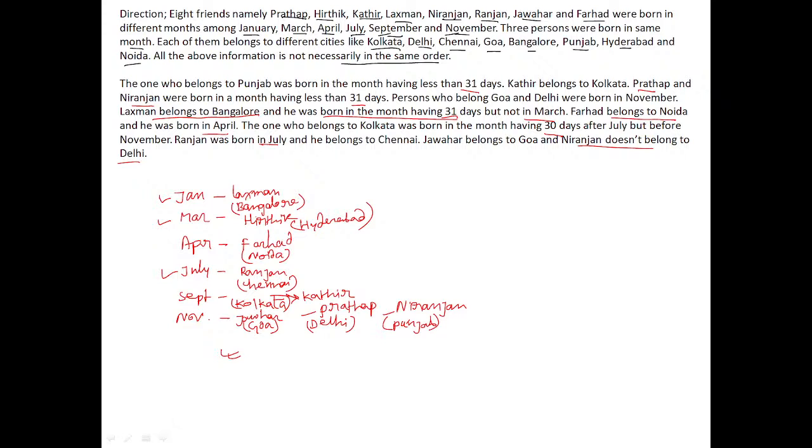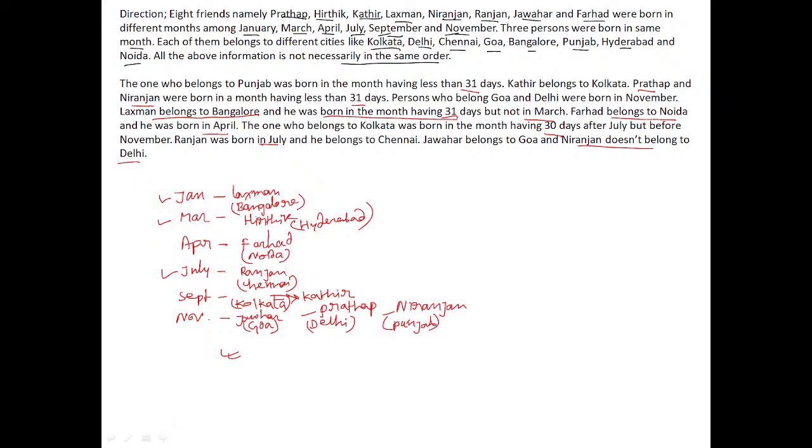It generally comes in prelims, but a month based puzzle is quite a tricky part. This 31 days, 30 days may cause slight confusion. You have to be careful while taking into consideration the 30 days, 31 days part. This is the most important thing here.